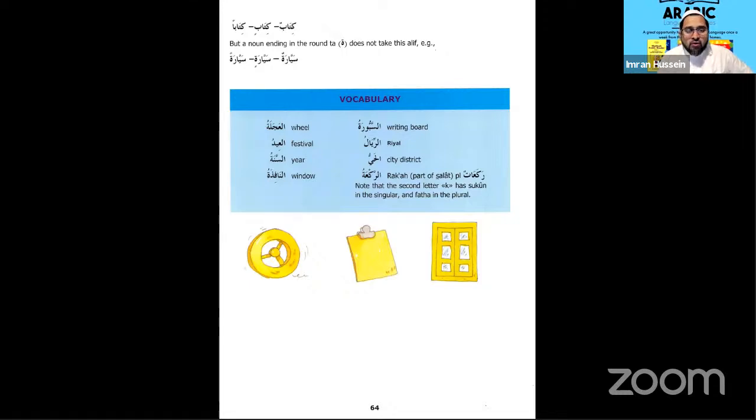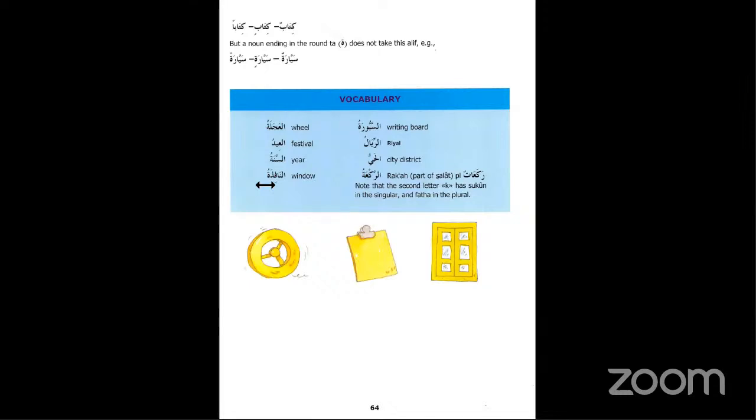Ar-riyalu, riyal; al-hayyu, city district; ar-rak'atu, rak'a, part of salah; rak'atun, plural. Note that the second letter, ka, has sukun in the singular and fatha in the plural.